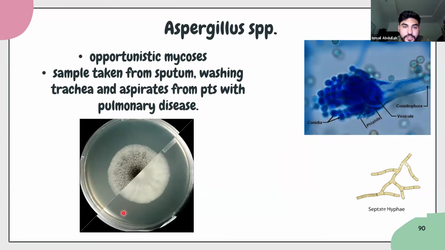And this is how it's going to look when they grow it on an agar. This is at the beginning, and later on, after you leave it for a while, it should look like this, with this whitish outer layer and these dark dots right here. This is how it's supposed to look when you leave it for a good amount of time. This is something that you want to know.